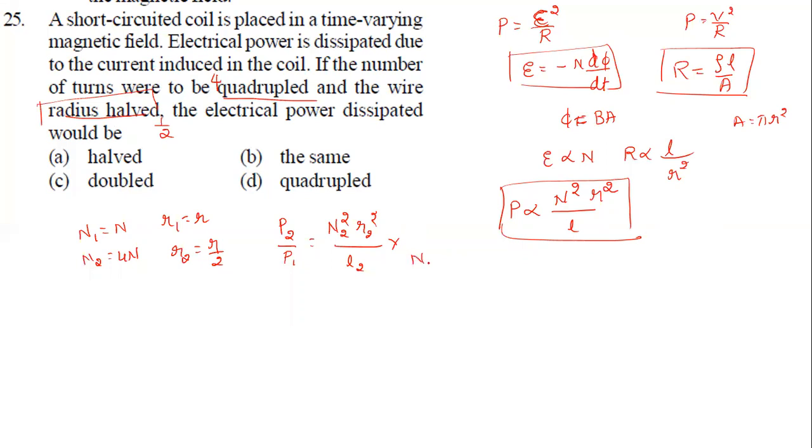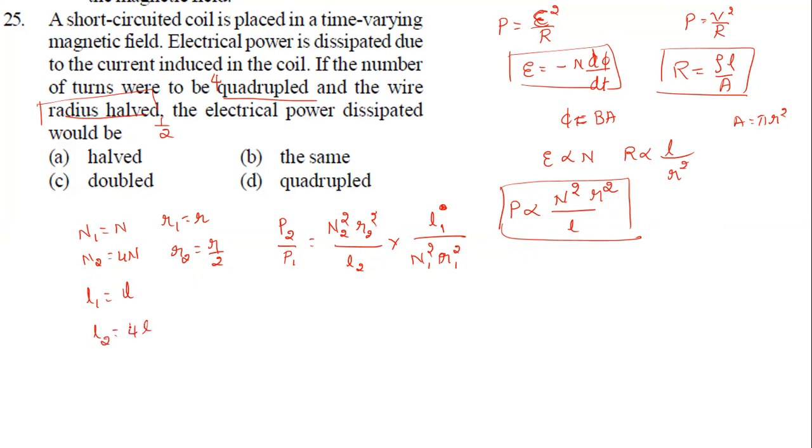It will be N1 square, R1 square in the numerator, L1 square, just L1. Since length also increases because number of turns increases, initial length L1 is L and the final length L2 becomes 4 times of L.